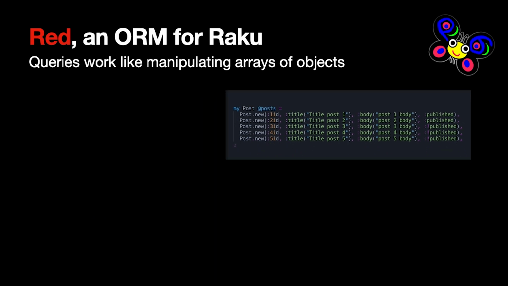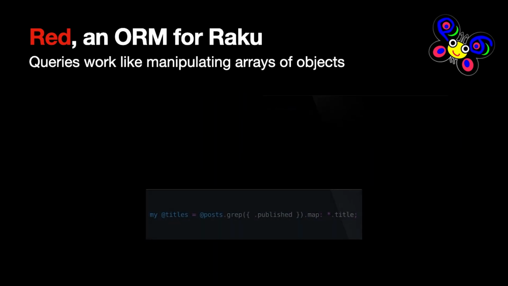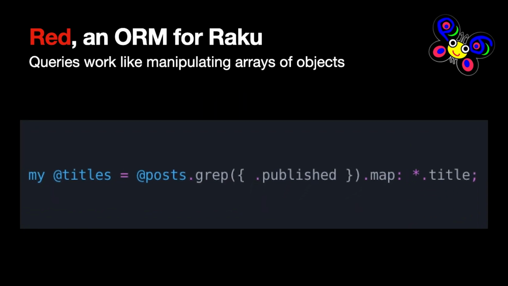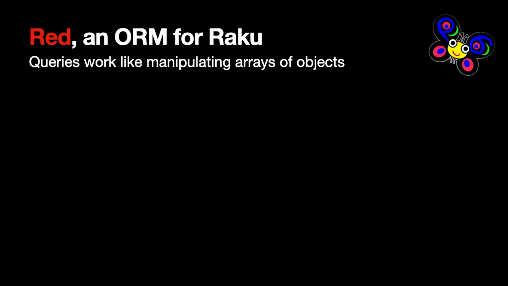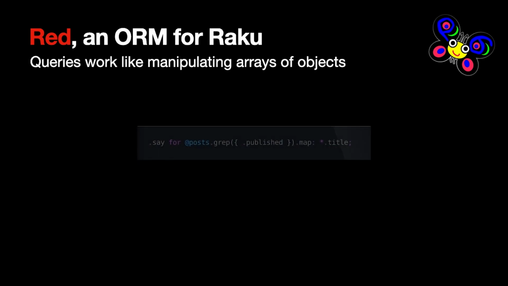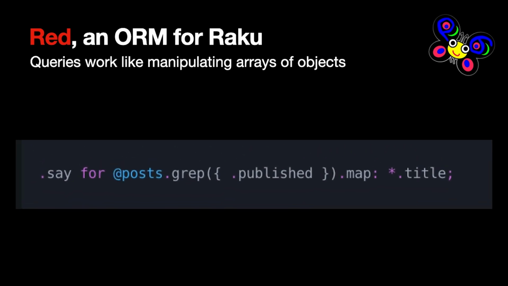If you need to get the title of every published post, you could just do something like this. It uses only grep and map, two very used and well-known Raku methods. So, for example, to print the titles, you would just need to iterate over that, like this.